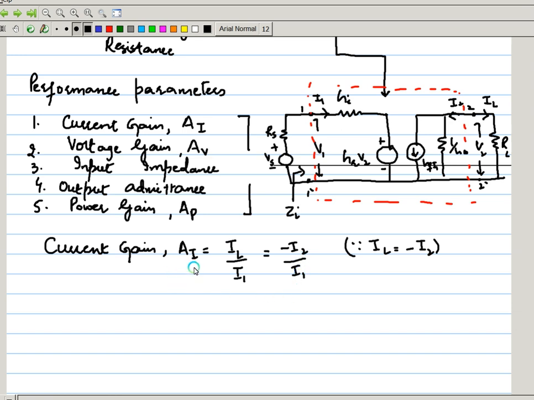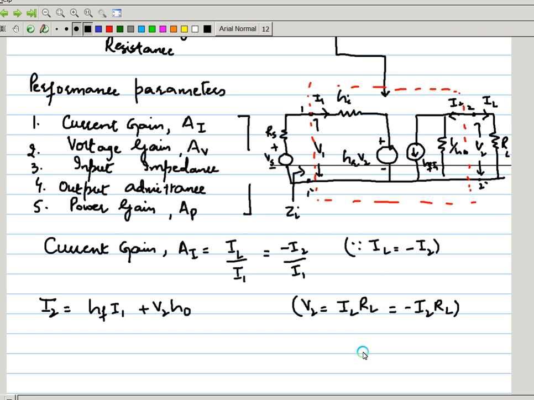Now let us take a look at the output circuit, where we have already made these equations, that is I2 is equal to HF into I1 plus V2 into HO. Now we know that V2 is equal to IL into RL, or it is also equal to minus I2 into RL, because V2 is the voltage which appears across the load resistor RL.